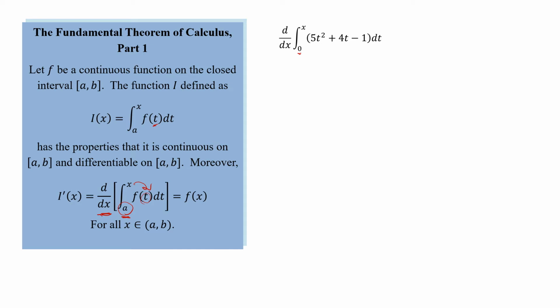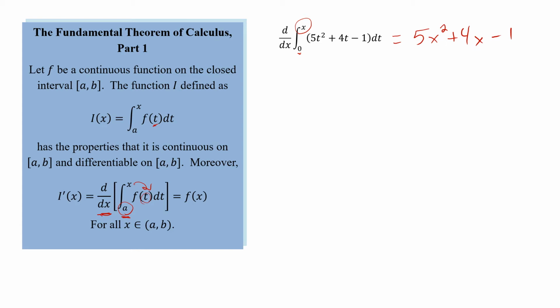It can be negative, positive, zero, decimal, fraction, big, little, does not matter as long as that's just a number. To the x, we're just going to replace the t's with x's. So this will be 5x squared plus 4x minus 1. That is the end of this problem. That's what I mean by it's really easy. We just replace the t's with x's. Done.